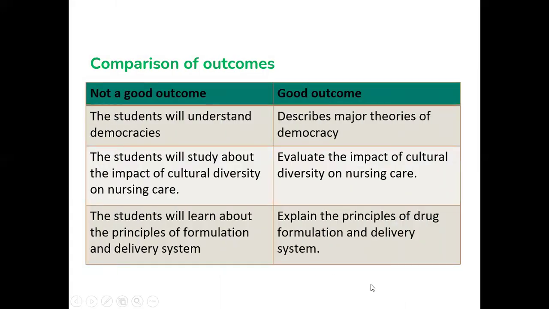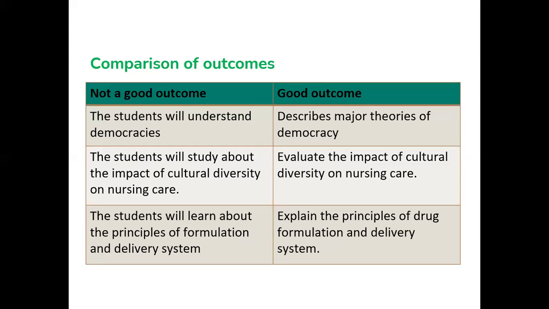I'll give you an example of a good outcome and a not-so-good outcome. For example, the students will understand democracy. If you design an outcome like this, it's difficult to measure it. Otherwise, as a good outcome, we can say: after completing the course, the student will be able to describe major theories of democracy.